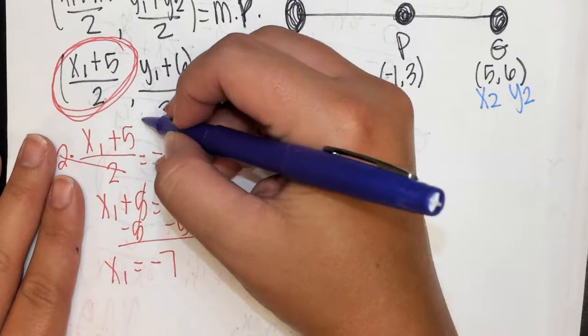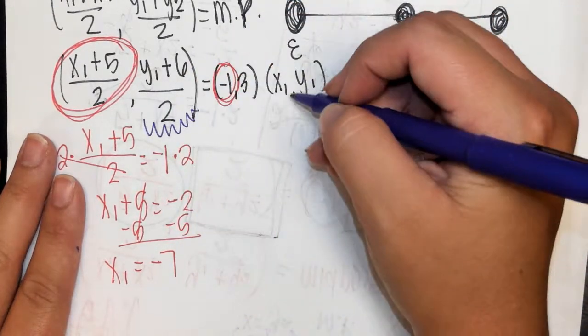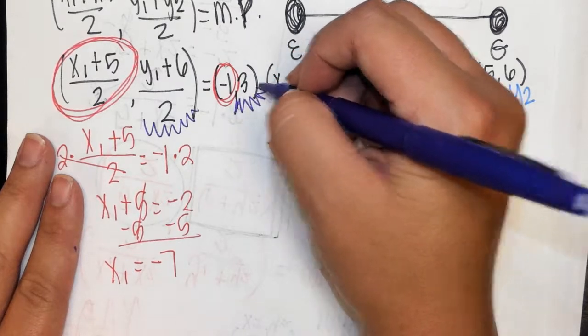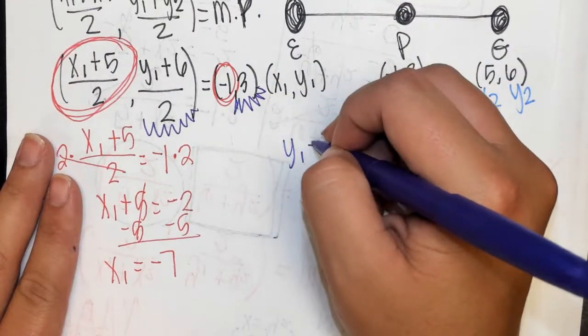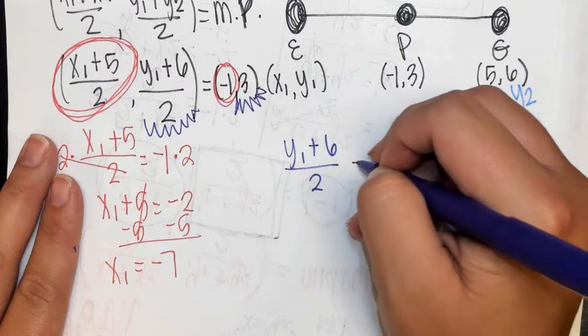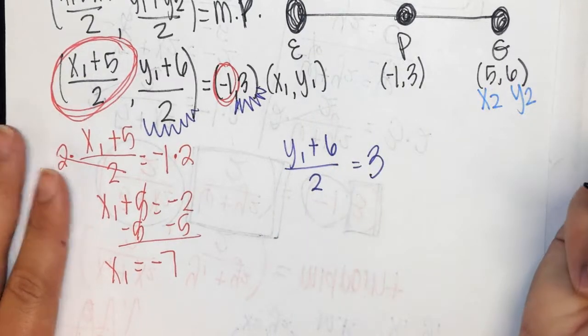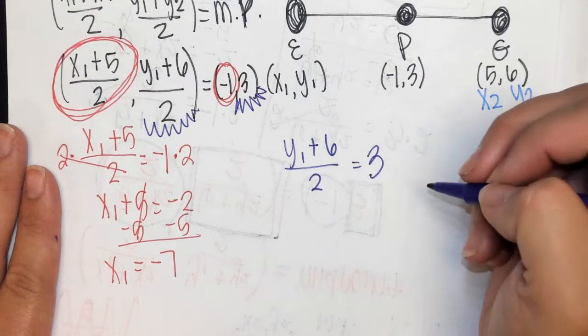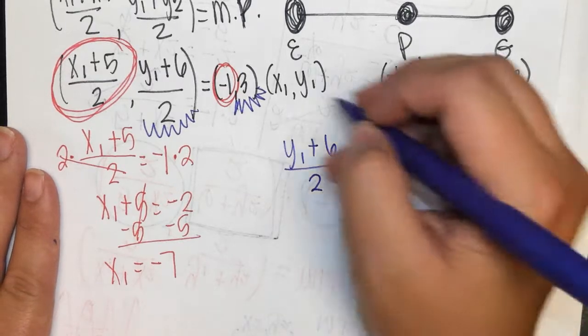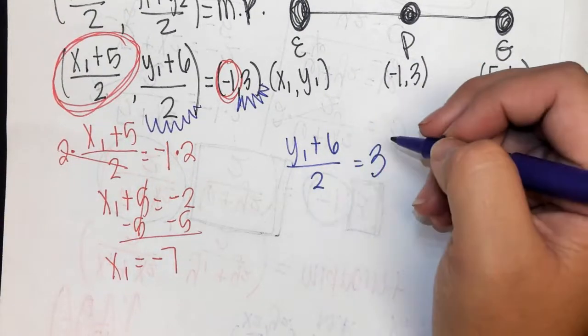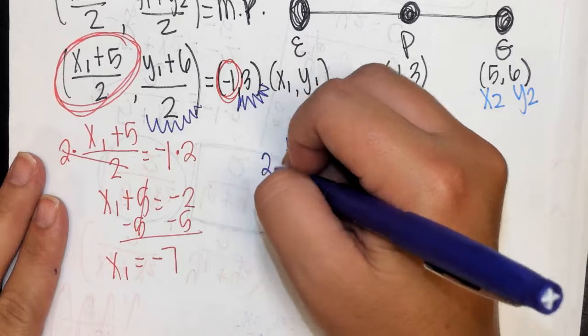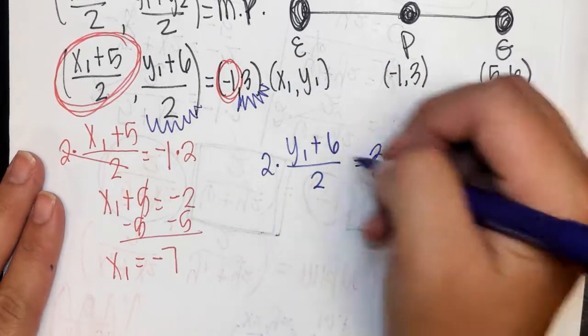Okay, now let's see. Y's equal y. So y sub 1 plus 6 divided by 2 equals 3. Colby, what do I do first to solve for y? Multiply by 2.